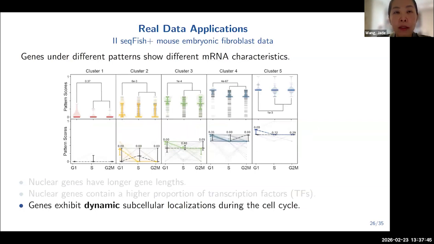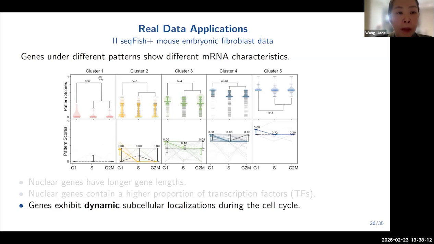We know that cells from the same cell type can be a homogeneous group, but the subcellular pattern can be affected by the cell cycle as well. So in this dataset, we further clustered the cells into different cell cycle subclusters, and we apply ELLA to the cells in each cell cycle subcluster as well.